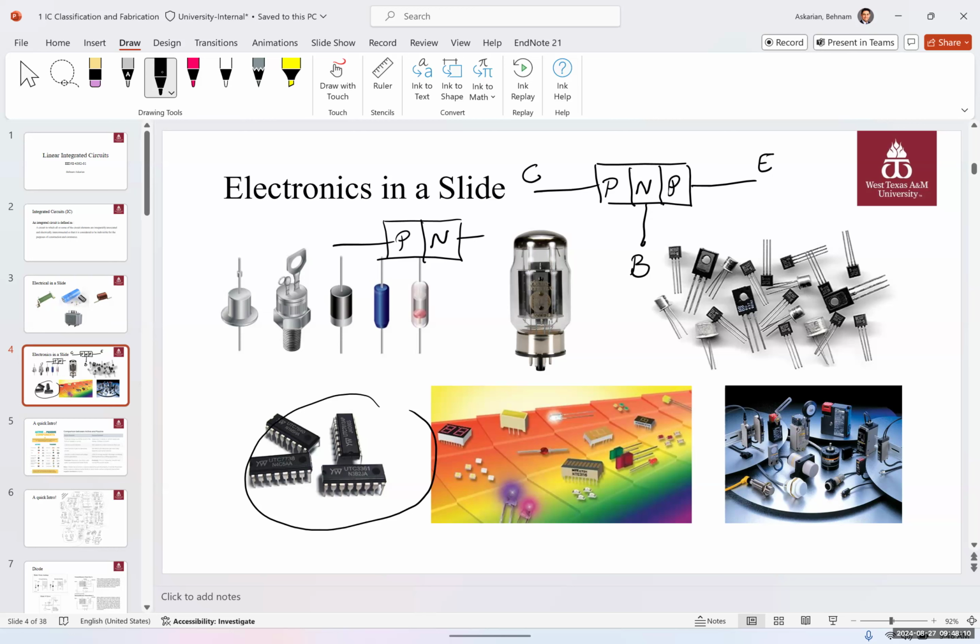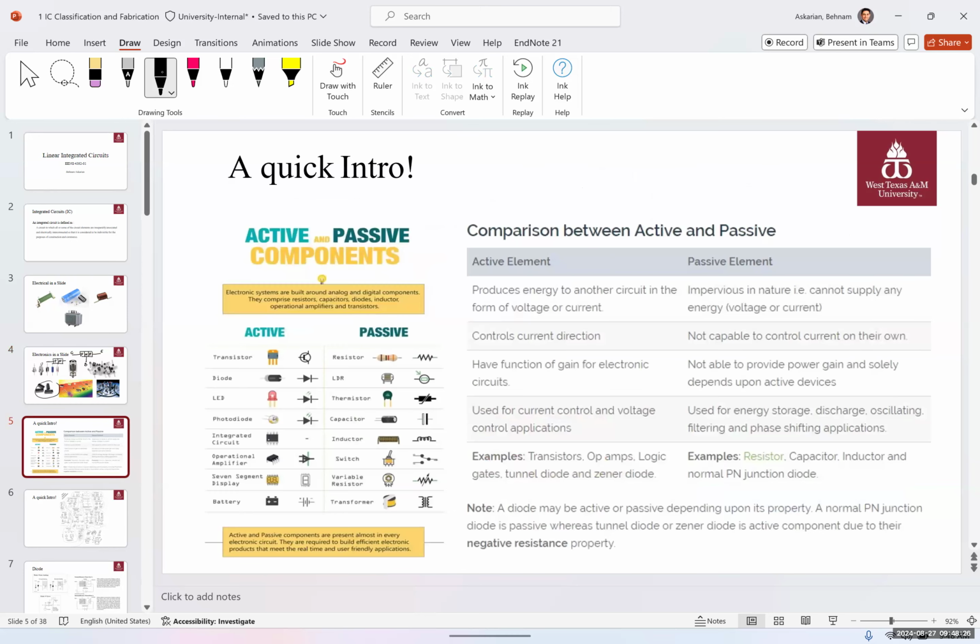We also have LEDs, 7-segment displays as well. And we have different sensors, step motors, solenoids, and so on, which again are part of electronics. In general, electronic components are divided into two different categories.